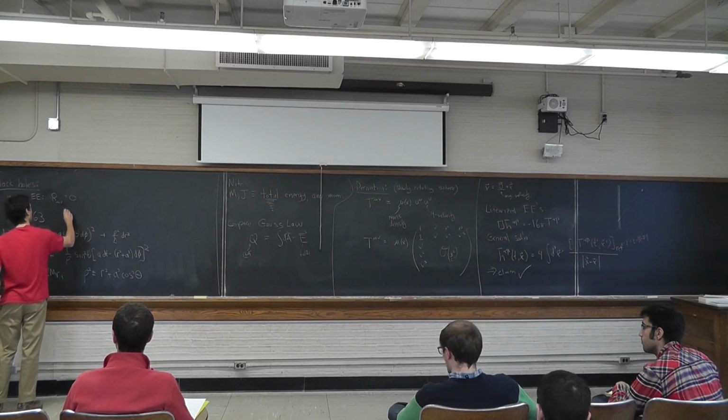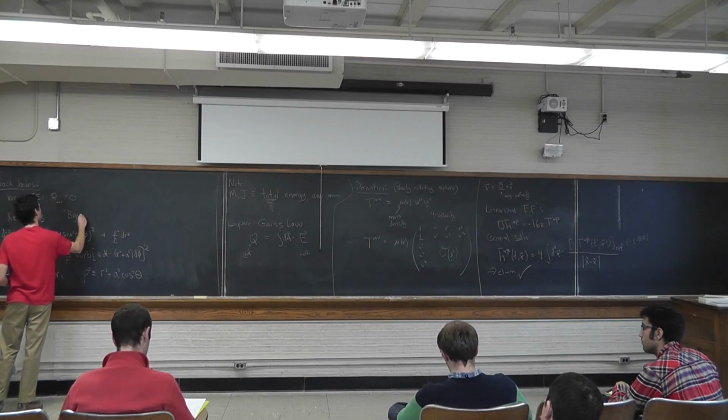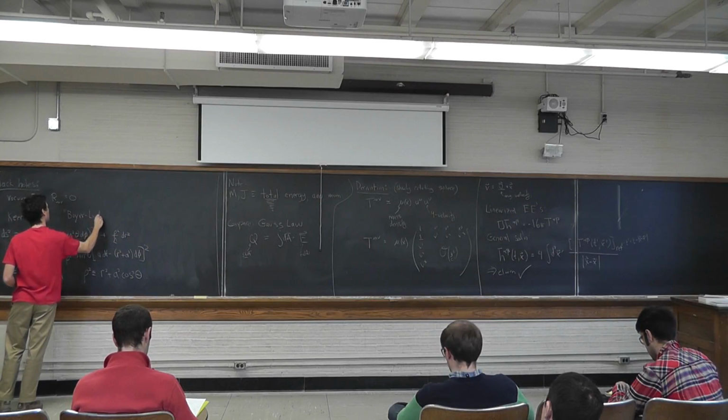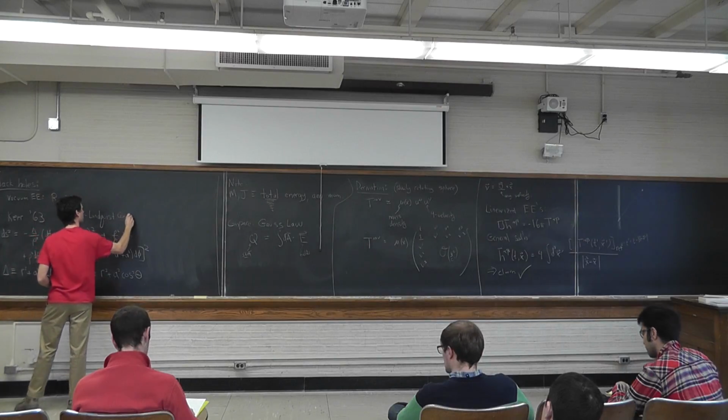So these are called Boyer-Lindquist coordinates.